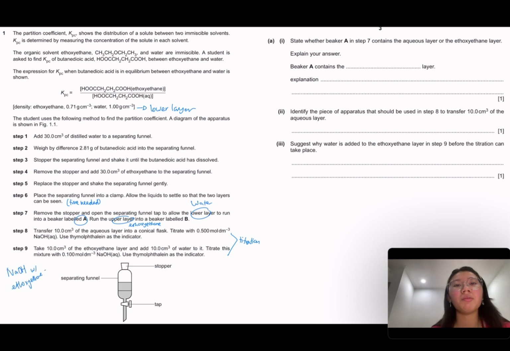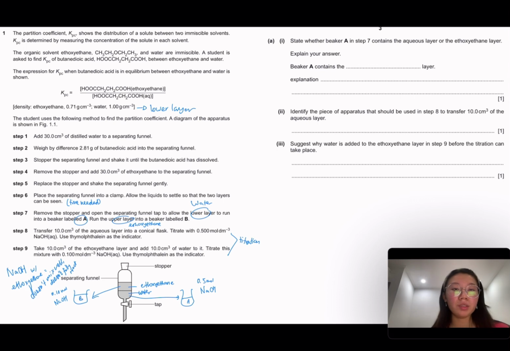Alright. Step 7. Remove the stopper and open the separating funnel tap to allow the lower layer, so this is your aqueous layer or the water layer, to run into beaker labeled A, and run the upper layer, which would be your ethoxyethane, into a beaker labeled B. Transfer 10 centimeter cubes of the aqueous layer into a conical flask, and you perform titration for both the aqueous layer and ethoxyethane layer.